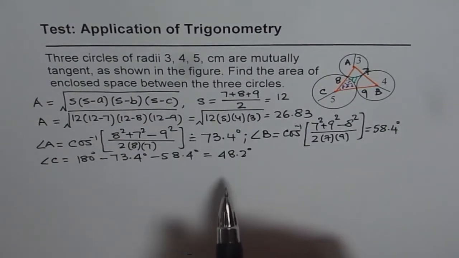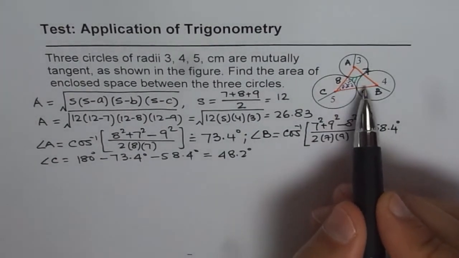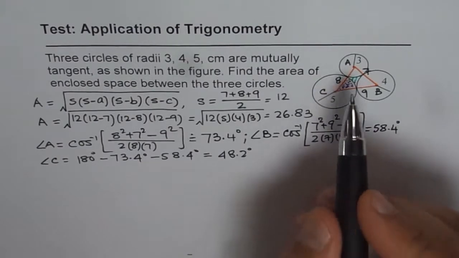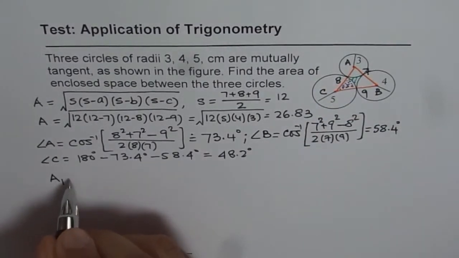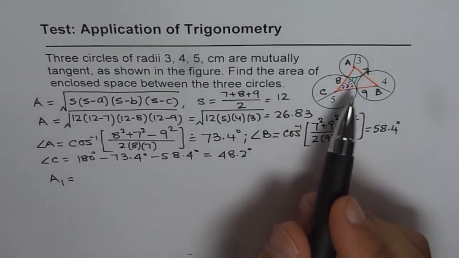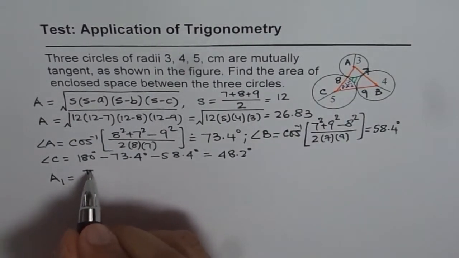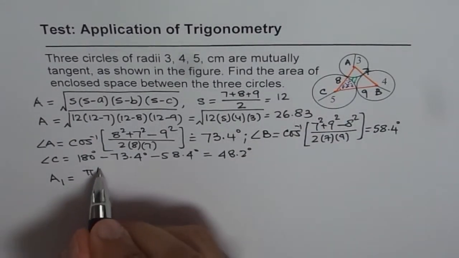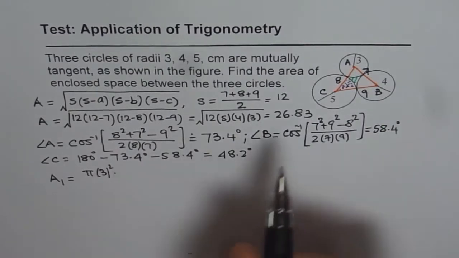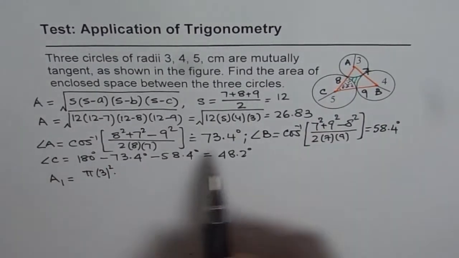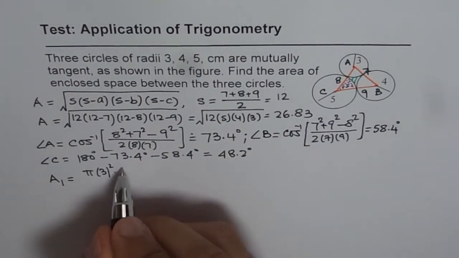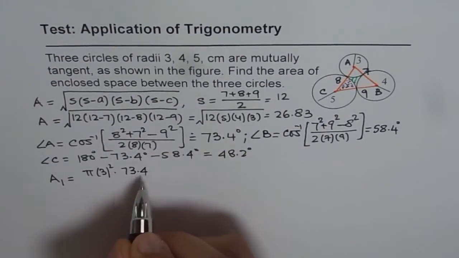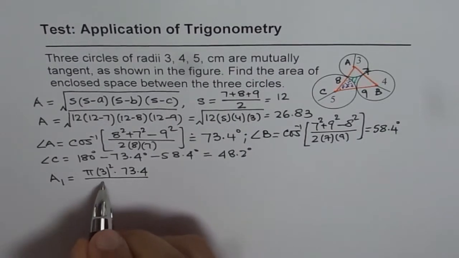Now since we know the angles, we can find the area of each sector, right? So let's start with the smallest area. Let me call that area 1, right? So area 1 will be pi r square, which is pi, radius is 3 square. The angle for A is 73.4, so that is 73.4 divided by 360.